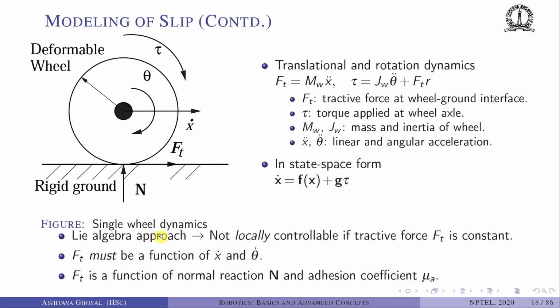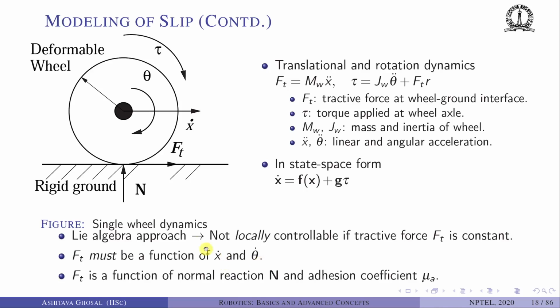It turns out that this state space form is not locally controllable if the tractive force is constant. If you have a constant tractive force, or a 0 or some number, it cannot be controlled. So this tractive force Ft must be a function of x dot and theta dot.